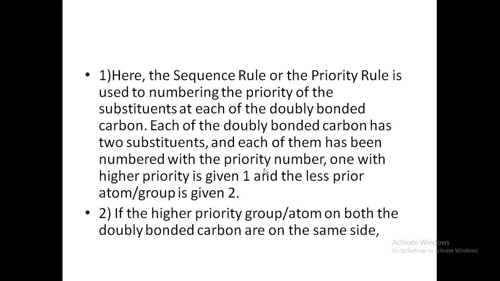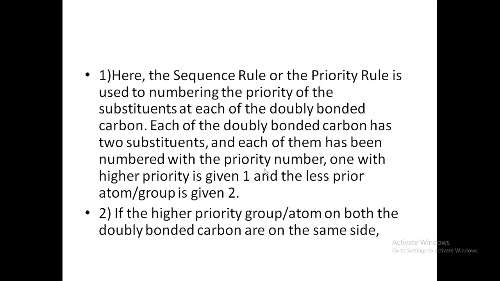So the sequence rule or the priority rule is used to consider the priority of the substituents at each of the doubly bonded carbons. Each of the doubly bonded carbons has two substituents, and each of them is numbered with a priority number. The one with higher priority is given 1, and the lower priority atom or group is given 2.